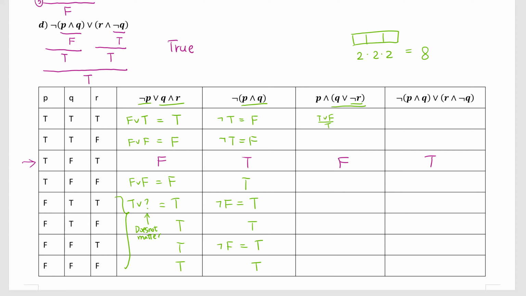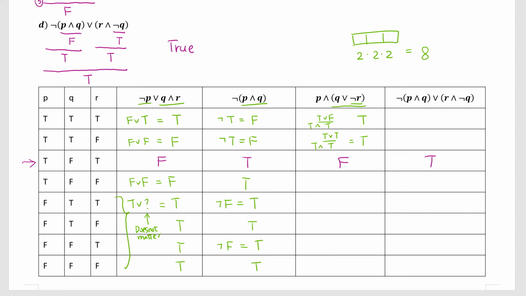And P is true. True and true will give us true. Next, Q is true, and not R is true, so true or true is true. And then P is true, and true is also true.